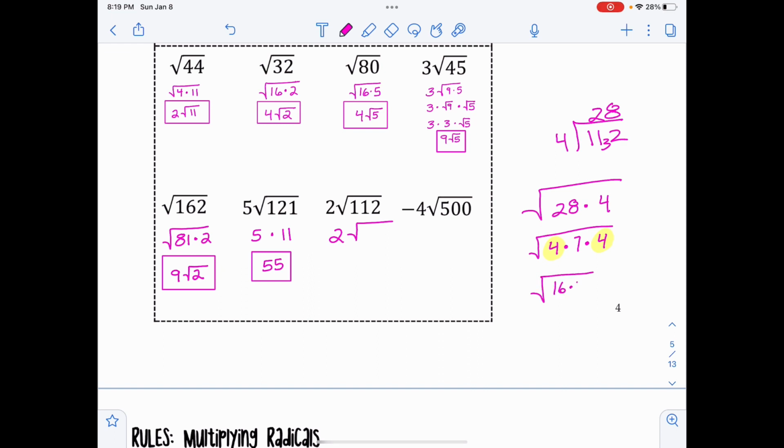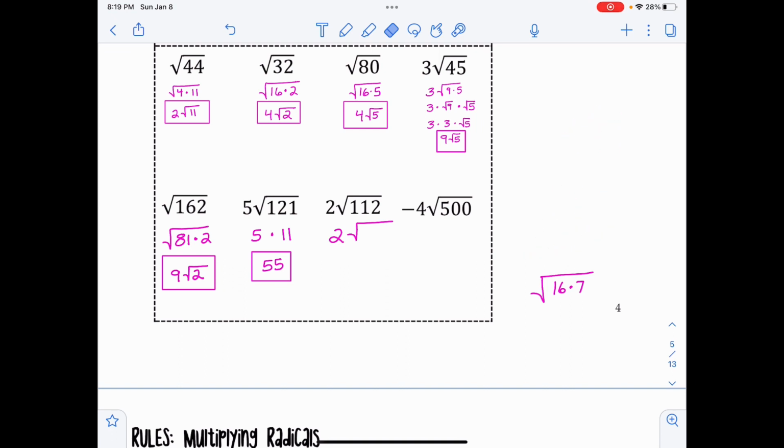So I can rewrite this as 16 times 7. Now, you can check it on a calculator. But, I did all this so you can see that sometimes it does take some trial and error to find out what your greatest perfect square would be.